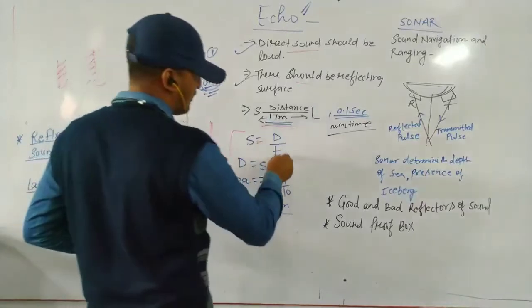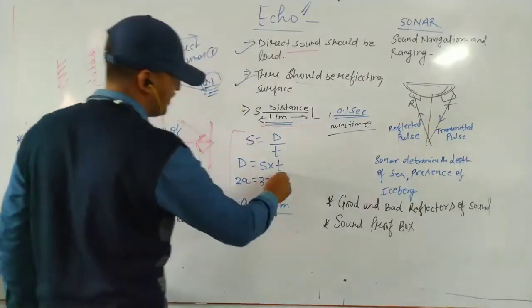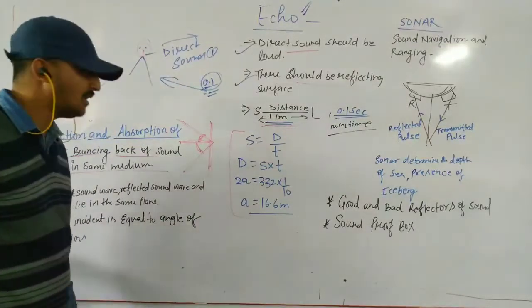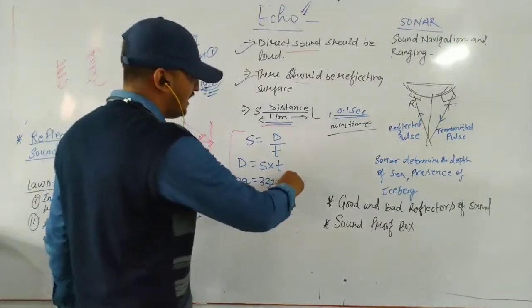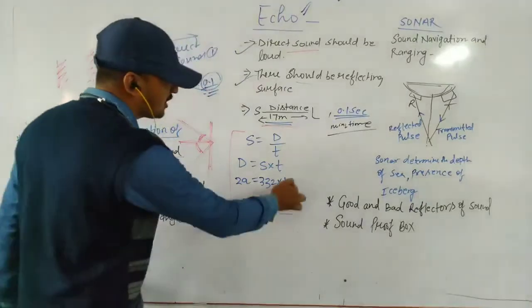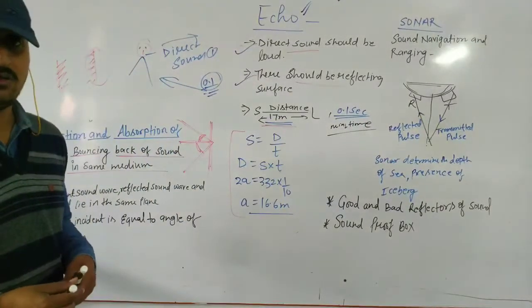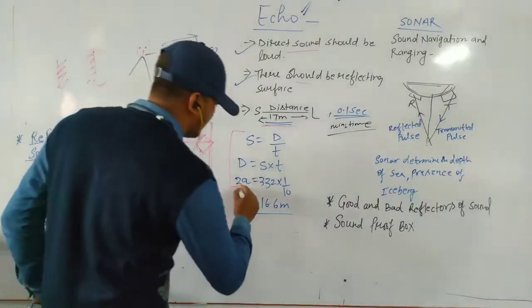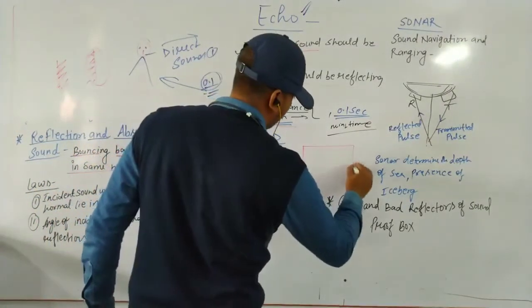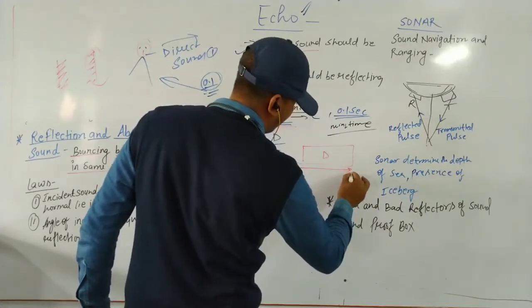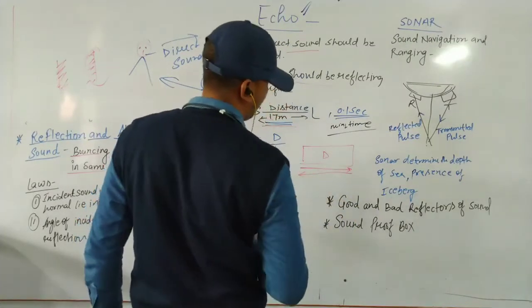Speed is equal to distance upon time. Distance is equal to speed into time. We know that the speed is approximately 332 meters per second, and for echo of sound, approximately 1/10 or 0.1 second is required. For this distance, if this is the distance d, sound will go here, and after the reflection it will come back here.